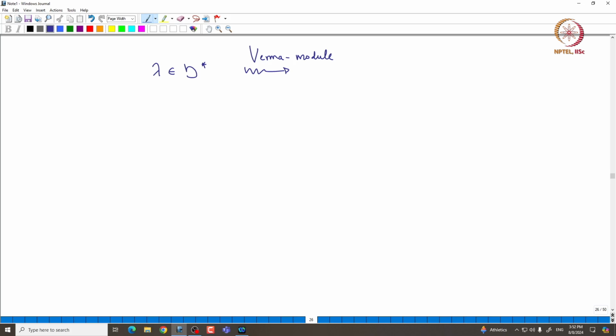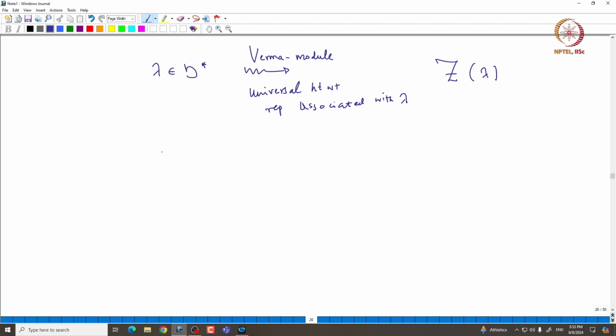These Verma modules are the universal highest weight representations associated with lambda, which we call Z of lambda.